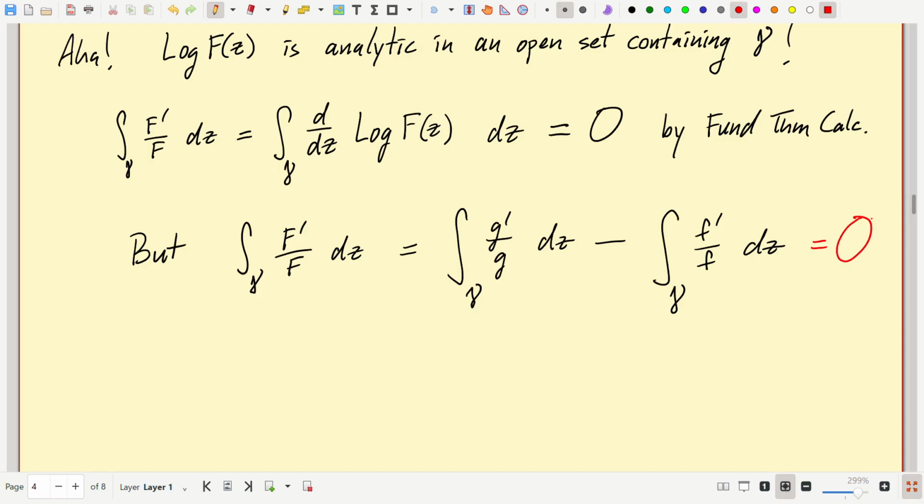Okay, and something's missing here. My 1 over 2 pi's are missing. I can just multiply everything by 1 over 2 pi i. Then, this one right here is the number of zeros of G by the argument principle inside gamma. And this is the number of zeros of f.